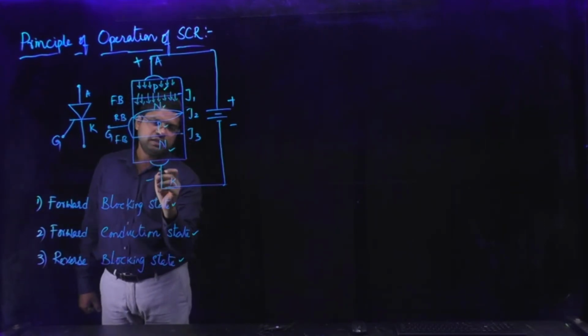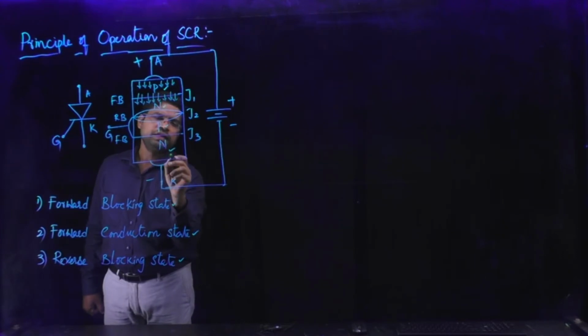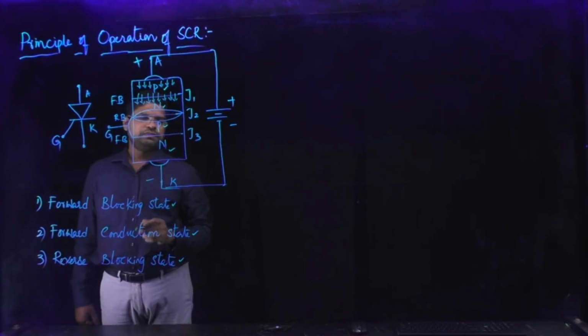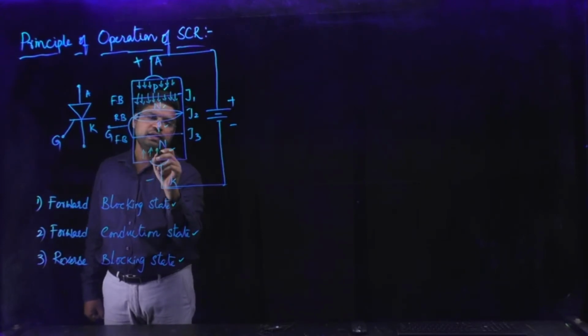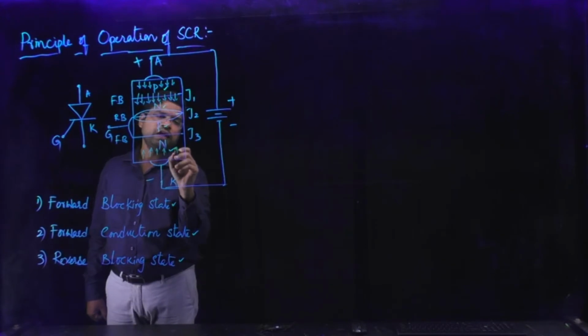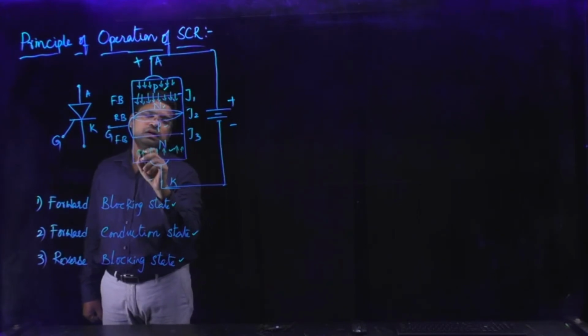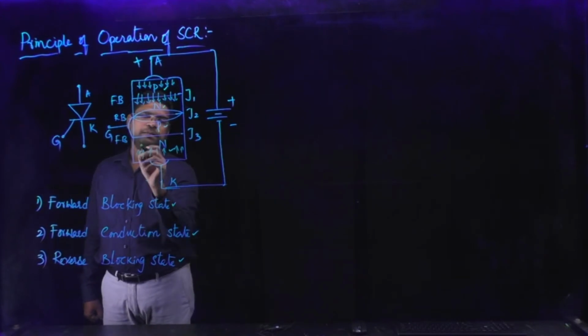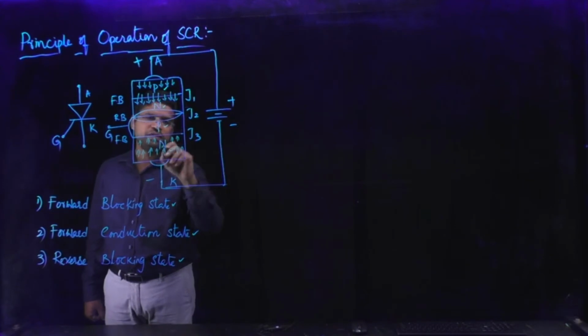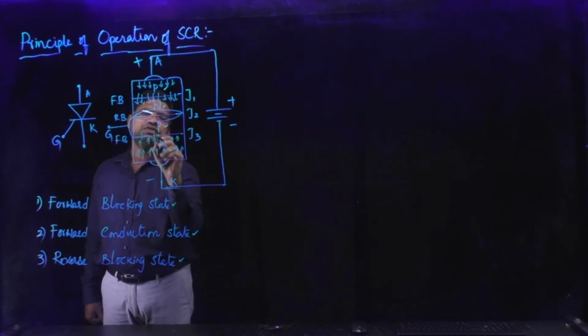Similarly, we can see another one. See here, it is an N layer connected to the lower potential. That means this negative polarity repels the majority carriers of this N layer, called electrons, away from this electrode. So the majority carriers of this N-type material are crossing this junction here.